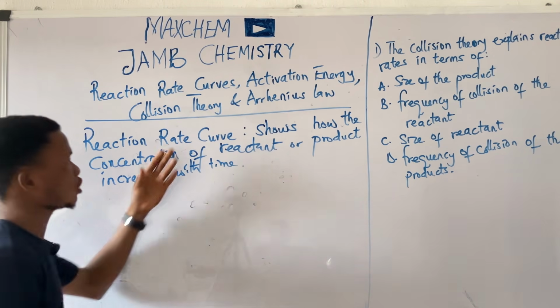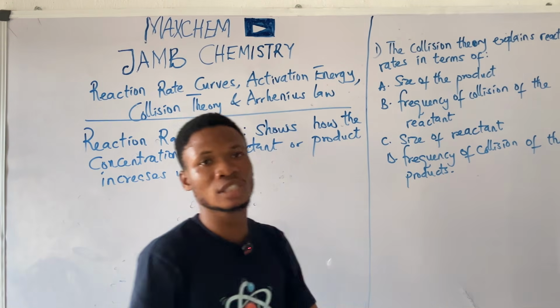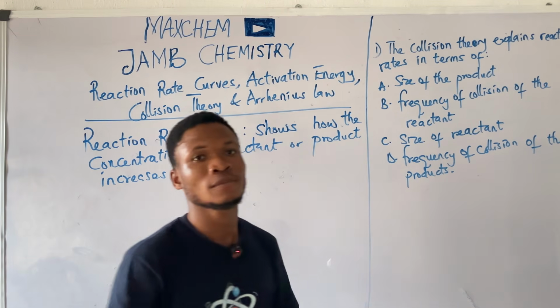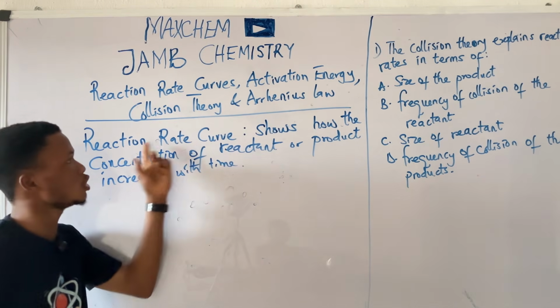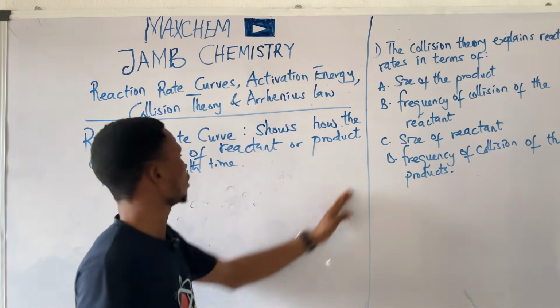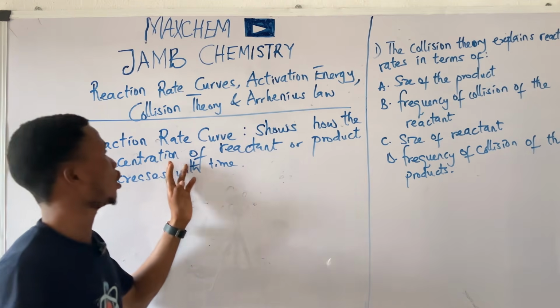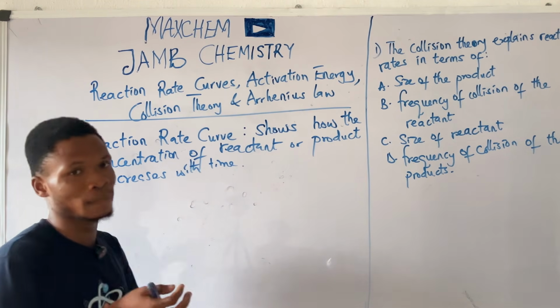So, the rate of reaction is talking about the rate at which a reaction is occurring. That is, if the reaction is fast or the reaction is slow. So, the reaction rate curve is showing the relationship between concentration and time.